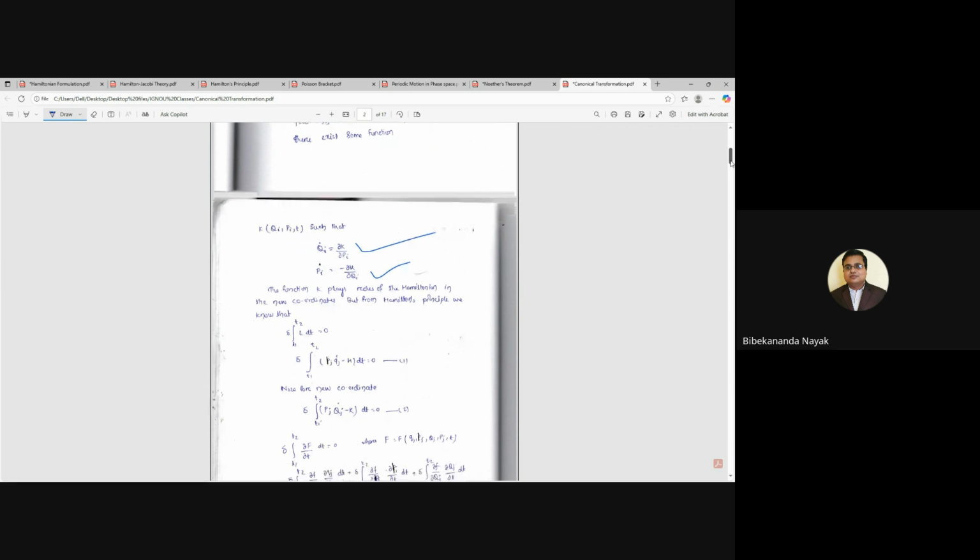So K is a new Hamiltonian, and Qi dot is equal to del K by del Pi, and Pi dot is equal to minus del K by del Qi. So now we can use the variational principle to get the function which obeys this type of transformation. The function K plays the role of the Hamiltonian in the new coordinates. Okay.